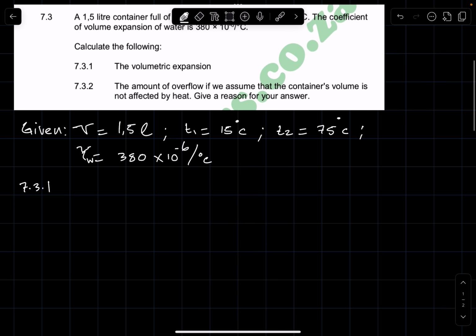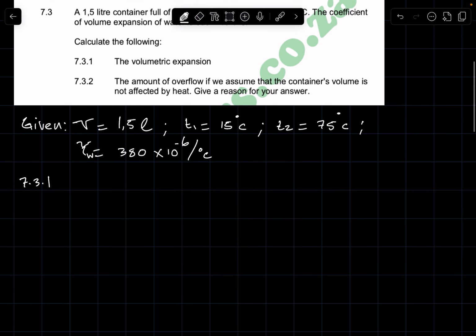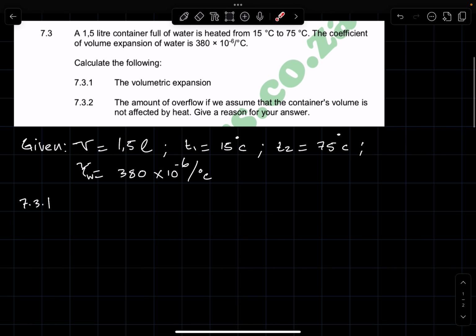7.3.1. Let's calculate the following: the volumetric expansion. Now here, if you notice, they haven't given us the element used for the container.